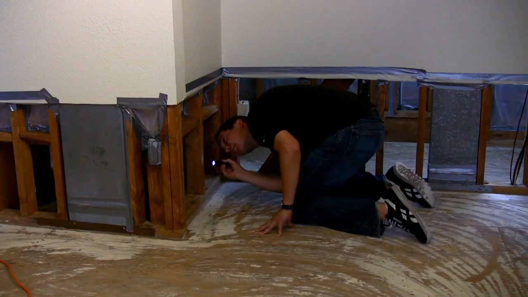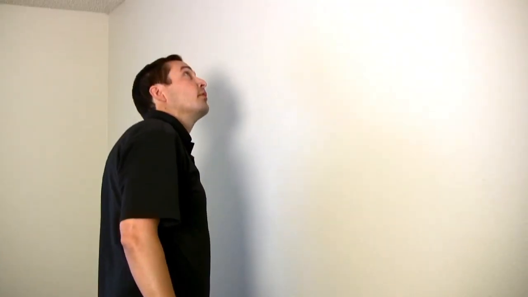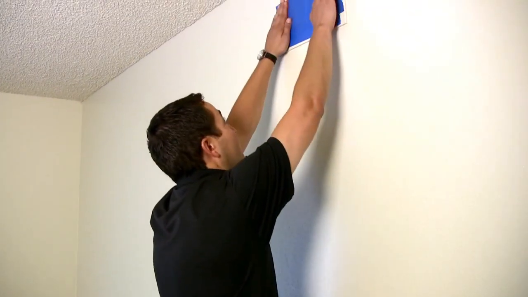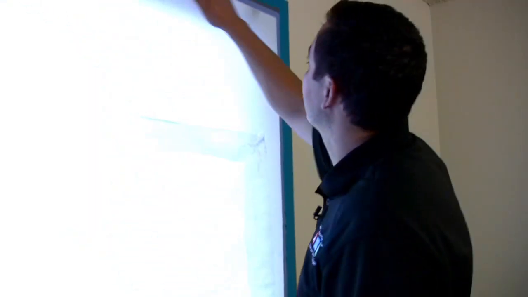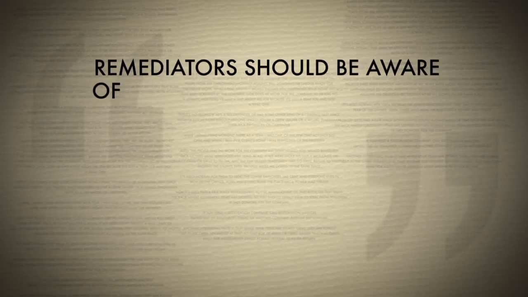I also want to confirm that the containment provisions are set up correctly and remain intact, that critical barriers are set up at windows, that vents or ducts are covered. And then lastly, and most importantly, I want to confirm that there's no remaining visual mold left on building materials of any kind, whether it be exposed wood structural members or remaining drywall.